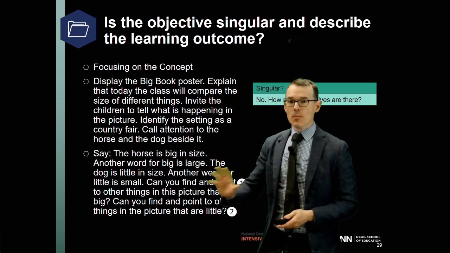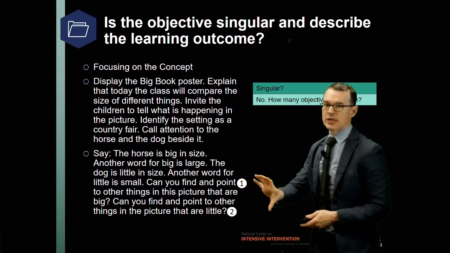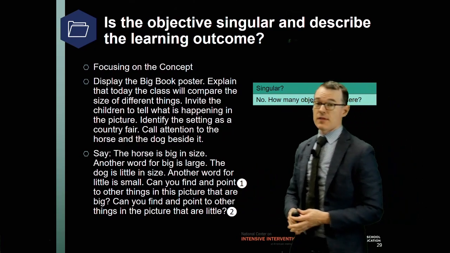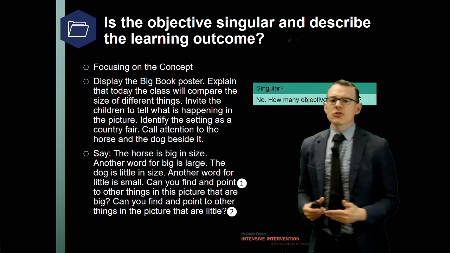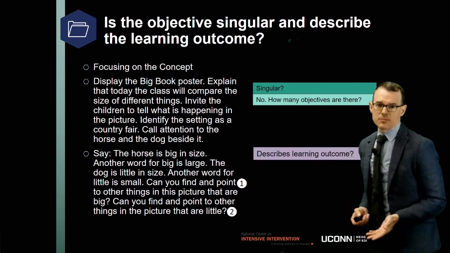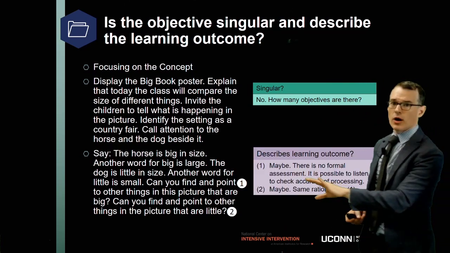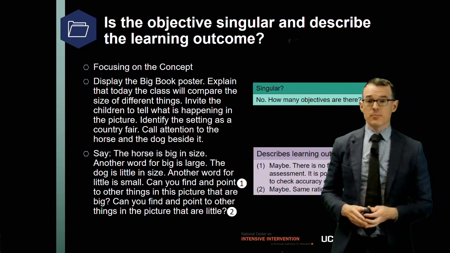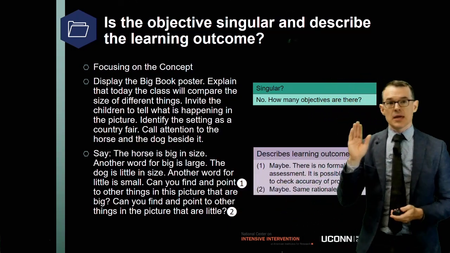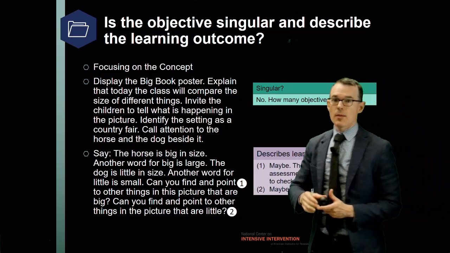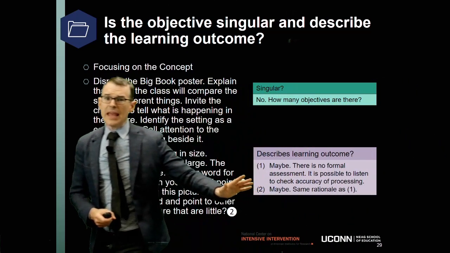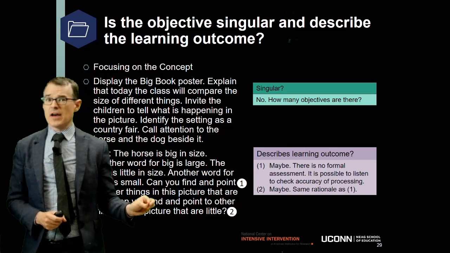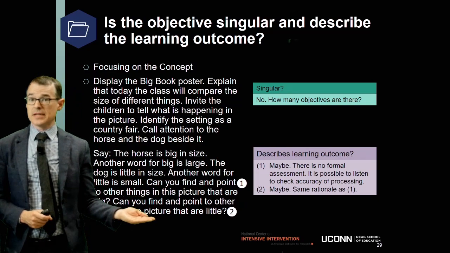So that's fine. But the things that the students are being asked to do here is to find things that are big and find things that are little. But it's not really clear what the learning outcome is going to be. We could say that for "can you find and point to other things in the picture that are big?" yes, that maybe is a good example of the learning outcome. But it's not really specified here what the formal assessment is, right?